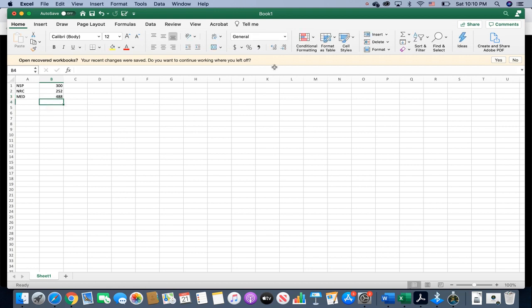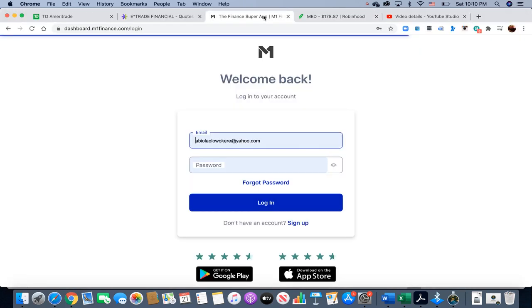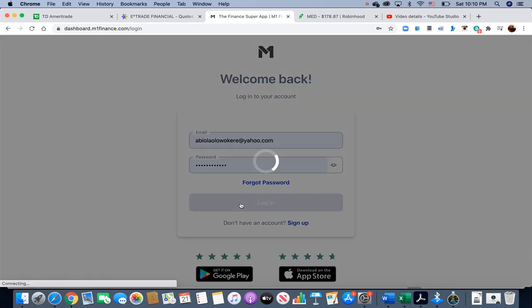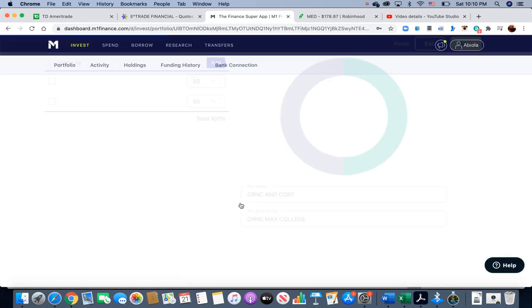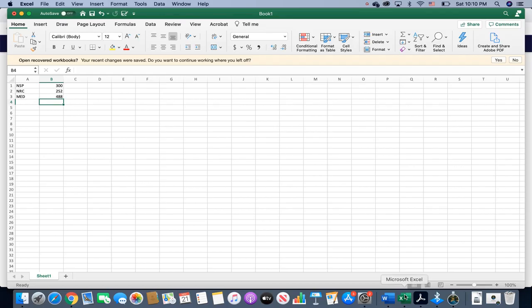So what I do now is I go to this site called M1 Financial, which is right here, and M1 allows you to add all these stocks into a portfolio, and then you wrap it all together into one ETF.